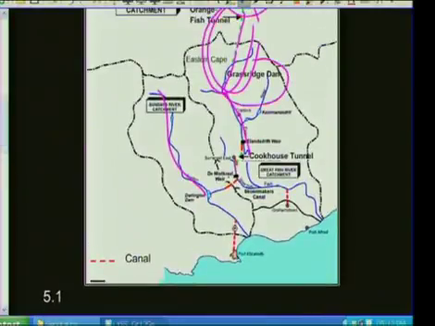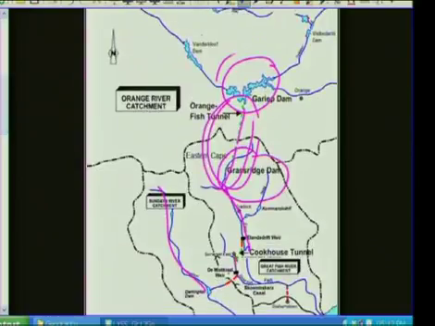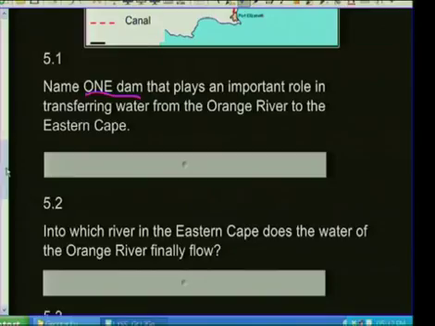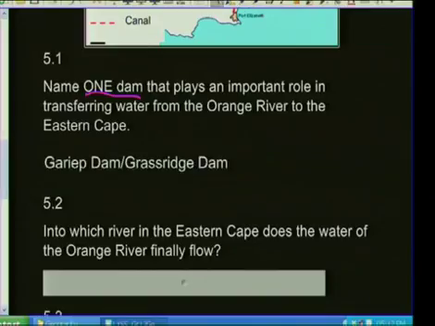Gariep, the Kouga... All this is found in these areas down here. And it's written on your source. So you don't need to look very far. And if I look at the answers down here, there we are, the Gariep and the Gasridge Dam. So basically you have to use your source to get the answer.